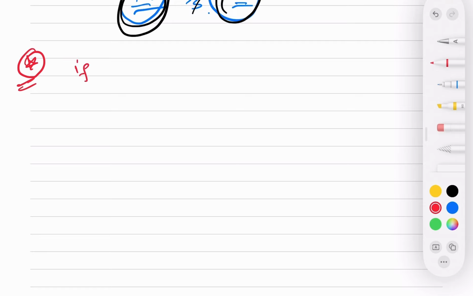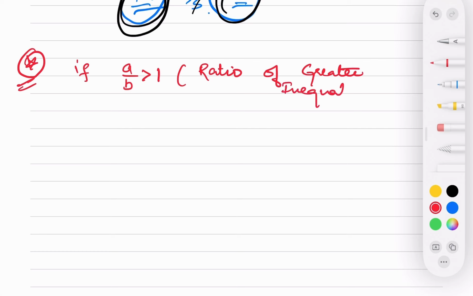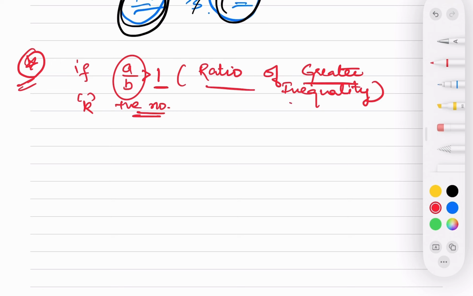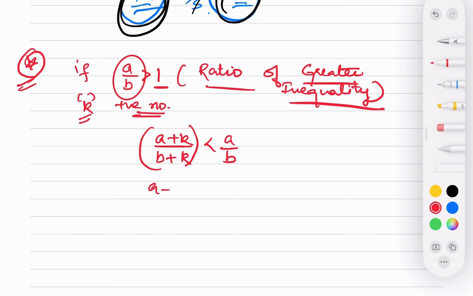Remember that if a/b is greater than 1, this is also called a ratio of greater inequality, and k is some positive number, then always remember that (a+k)/(b+k) is always less than a/b, and (a-k)/(b-k) is always greater than a/b. Remember this result.